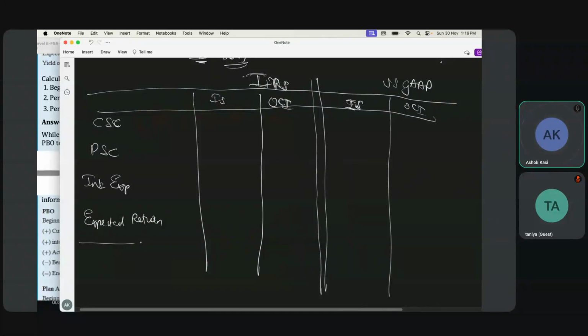So this much is income statement. After this, actuarial changes. Hello, can you hear? Yes, sir.